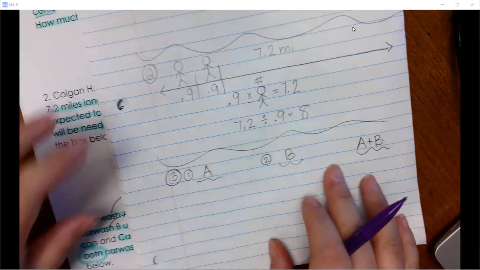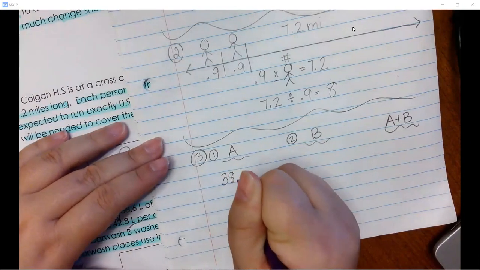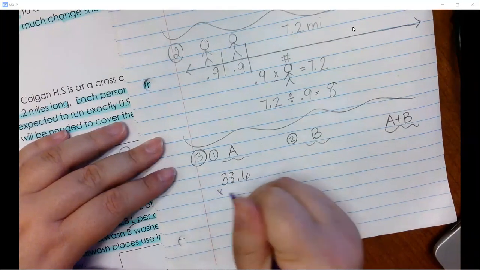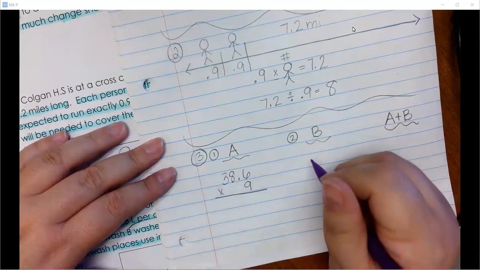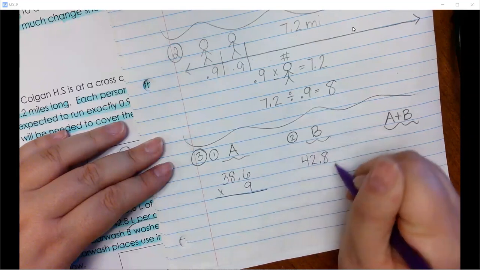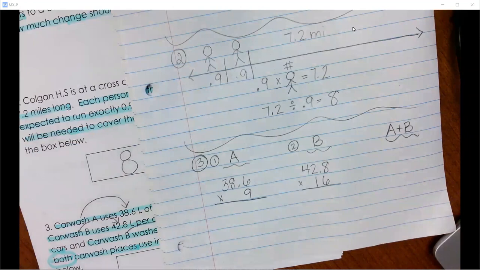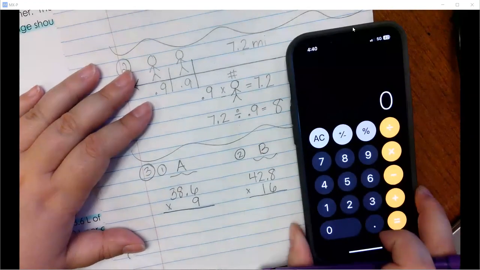Car wash A used 38 6/10 of a liter and they washed 9 cars. Car wash B used 42 8/10 liters and they washed 16 cars. I'm going to use my calculator to figure out those products.